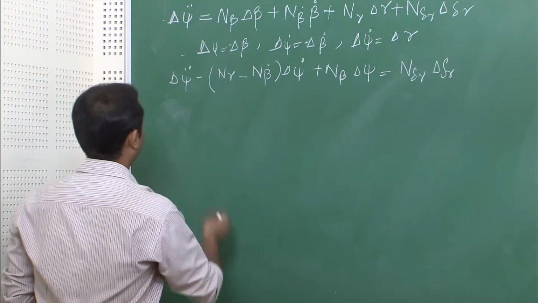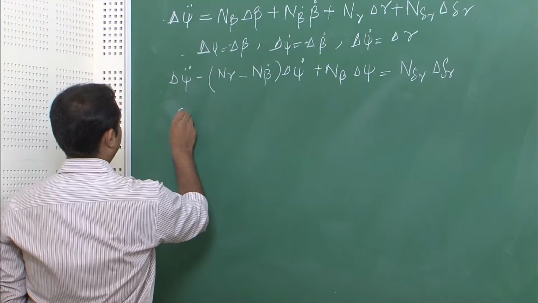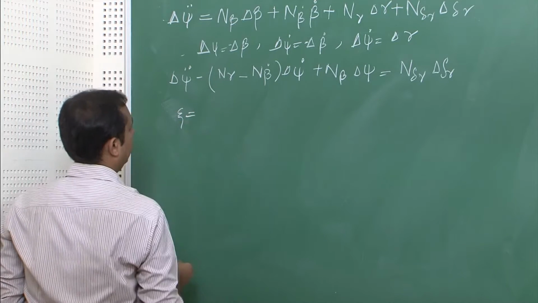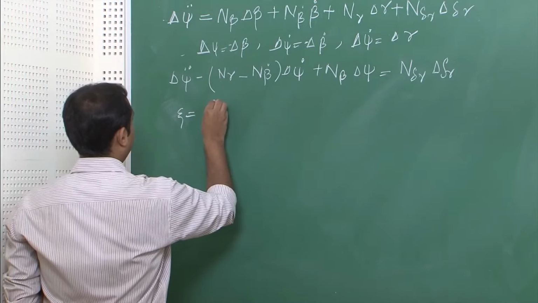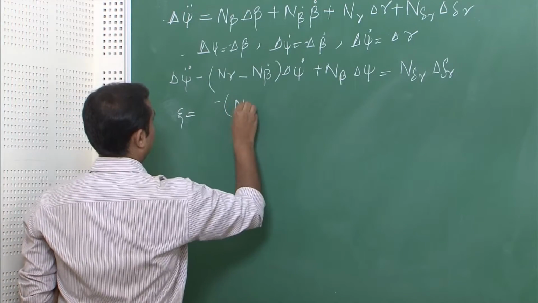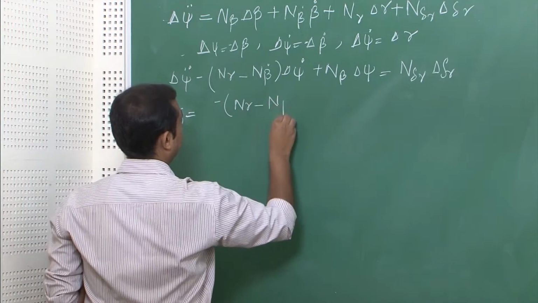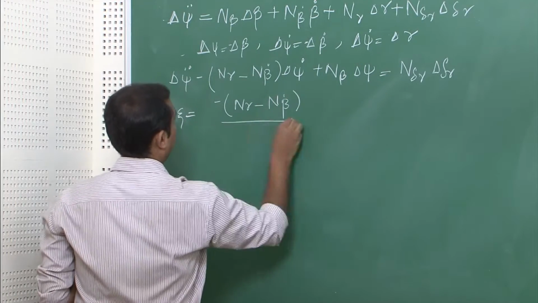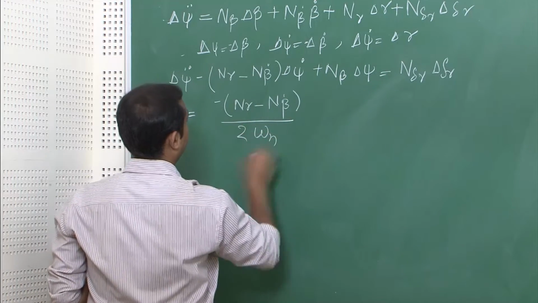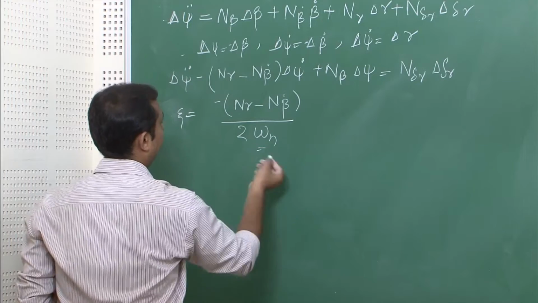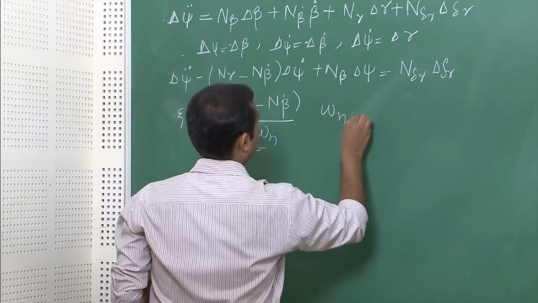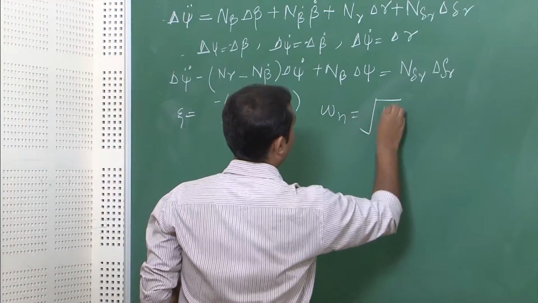The value of zeta for this differential equation will be minus n r minus n beta dot divided by 2 omega n, where omega n will be root over n beta.